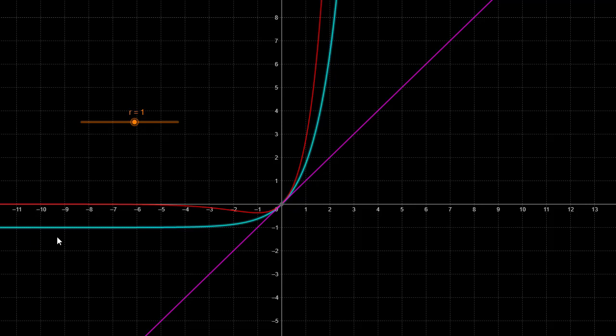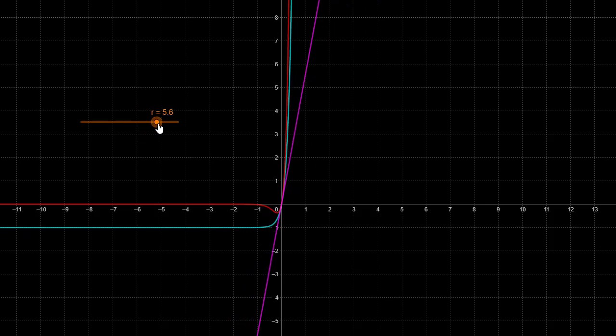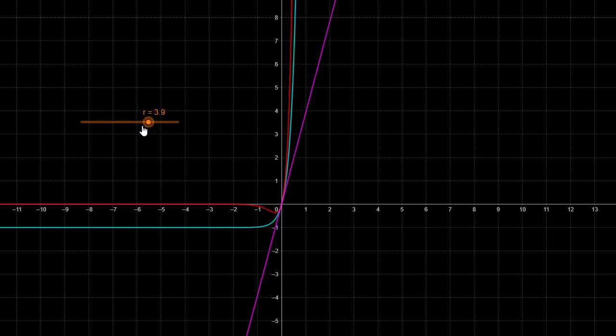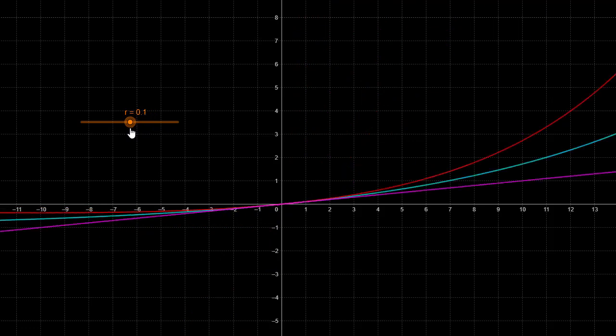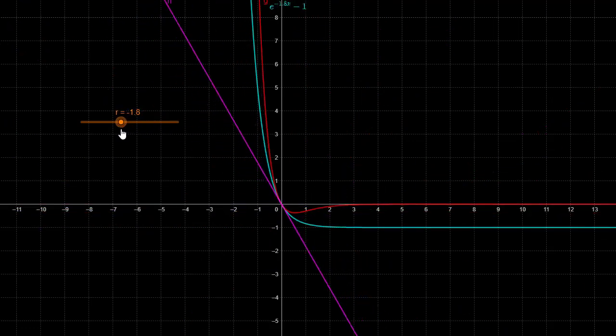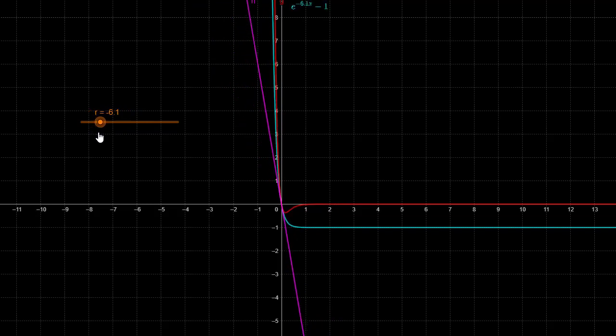So I'm using x for the graphing, just keep that in mind. And this in the purple is just the rx, and I've set up a slider to change r to different things. As you can see, as I slide things around, the blue curve does stay trapped in between the other two.